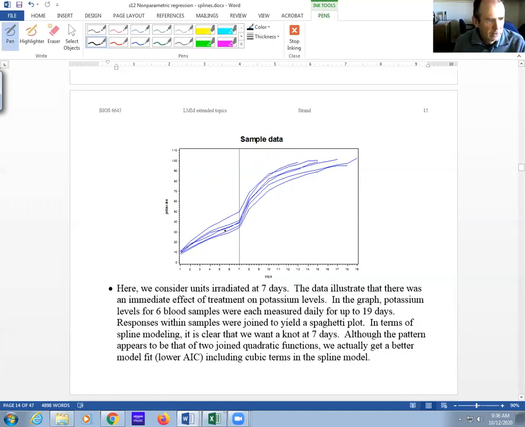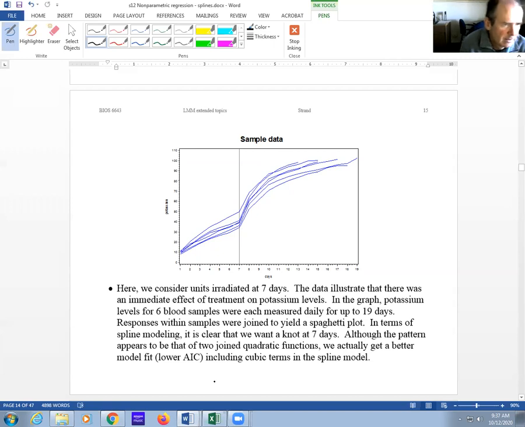And we have a natural increase, and then at day 7, after a week, those samples are irradiated. And you can see there's a change in the relationship. Then there's a quicker release of potassium in the samples once those are irradiated. But then over time, it kind of tapers off.